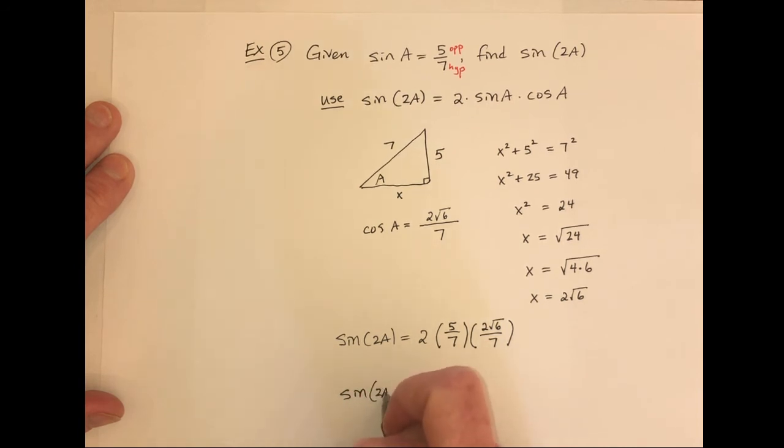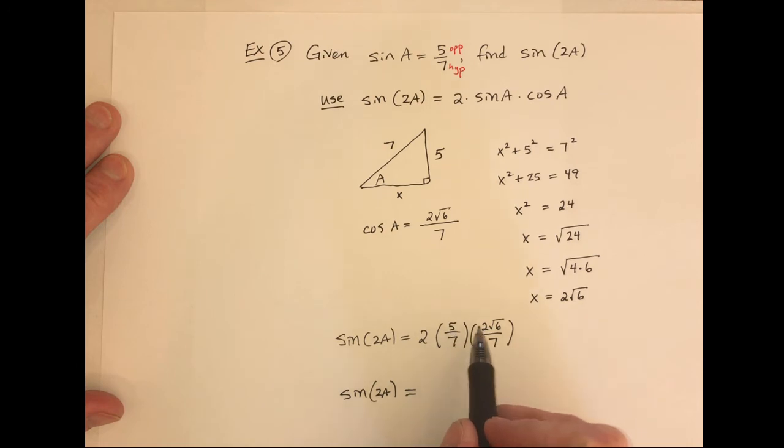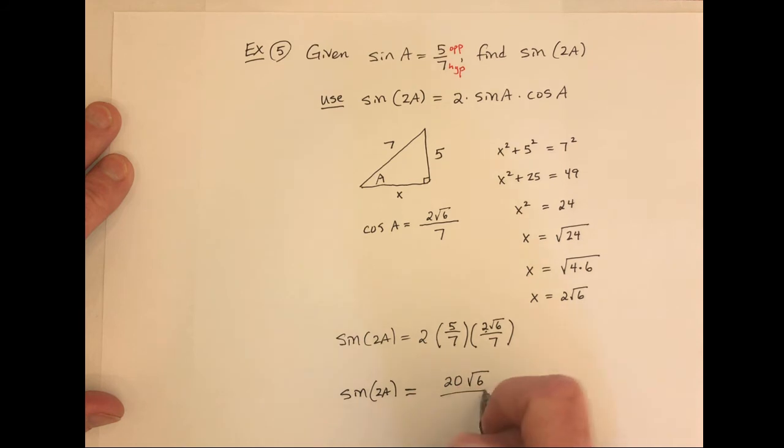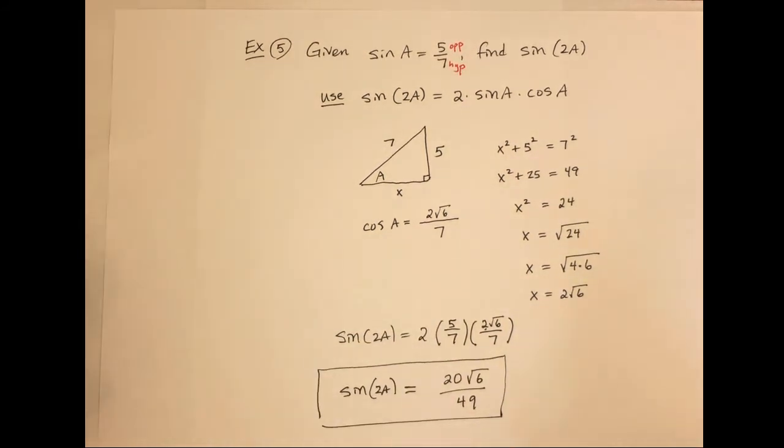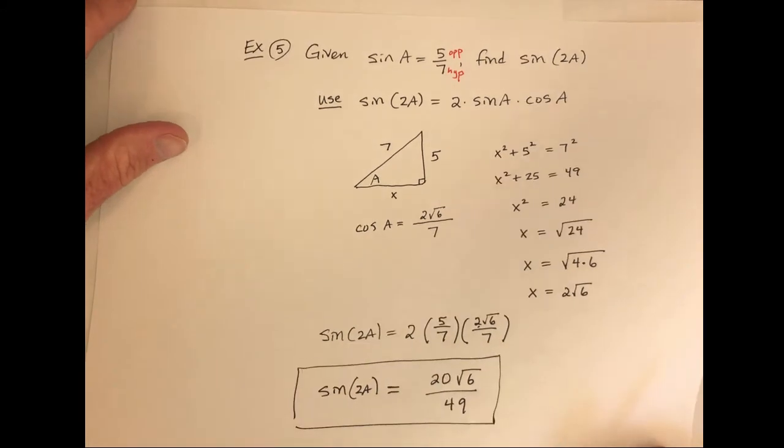So the final answer is sine of 2A equals, so this will be 10 times this makes 20. So 20 radical 6. And on the bottom, 7 times 7 is 49. And there's number 5. Only one more to go.